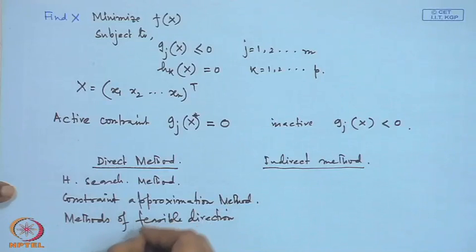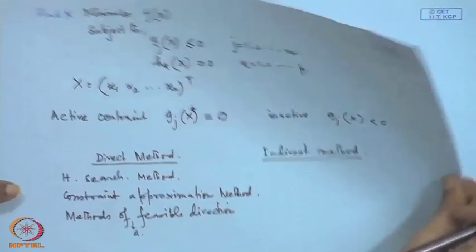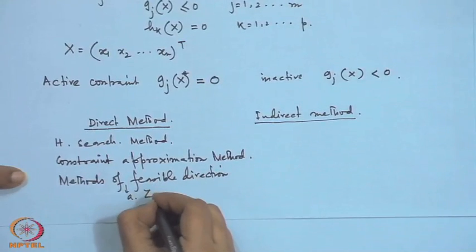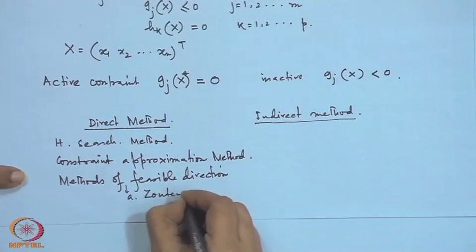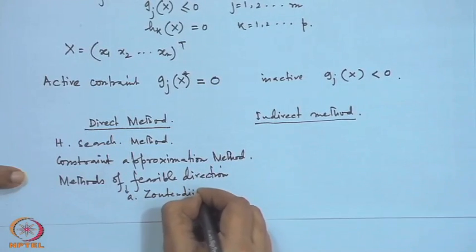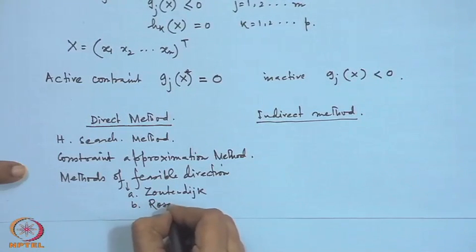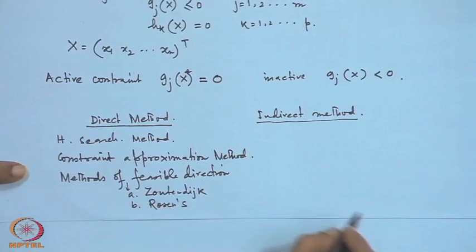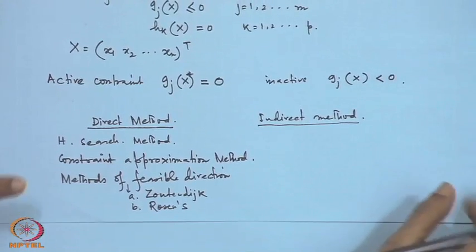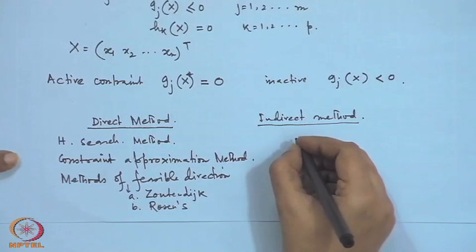In this set of methods, there are two methods available. One is Zoutendijk's feasible direction method, and the second one is Rosen's gradient projection method. And for the indirect methods, there is also a list.